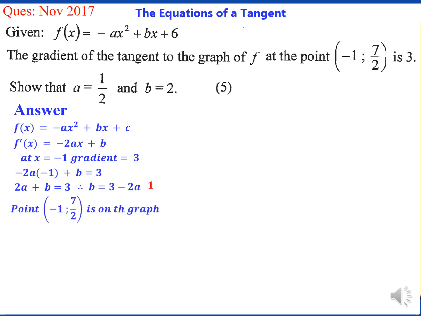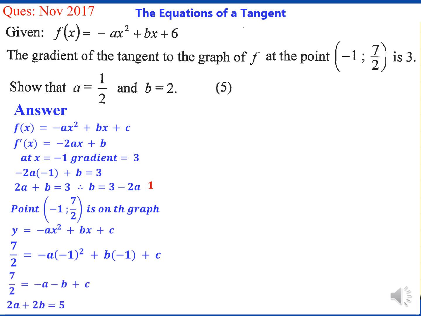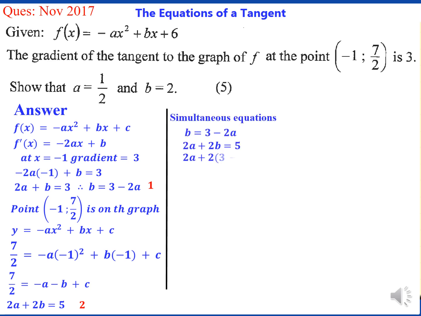Once we do that, we simplify that equation, we will get another equation that is expressed in terms of A and B. I think by now you can see where this is going. This is simultaneous linear equations. So equation 1 and equation 2, we can solve them simultaneously to determine the values of A and B. Then our question is answered.